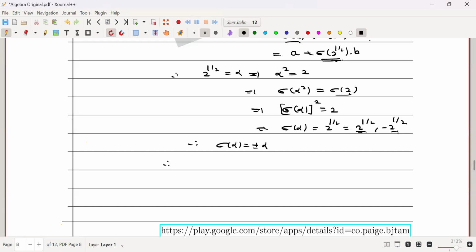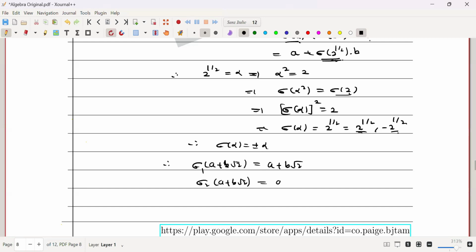So therefore sigma of a plus b root 2, how are we defining it? Plus or minus. So a plus b root 2 is alpha itself, and this is sigma 1. Another one is sigma 2, equal to a minus b root 2.